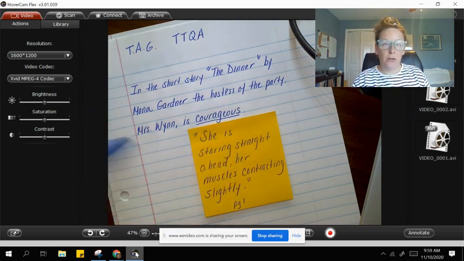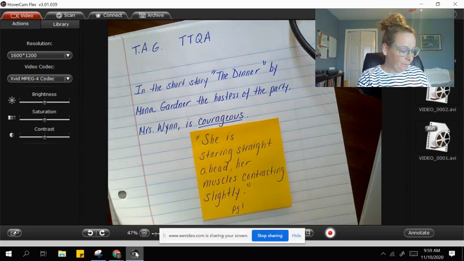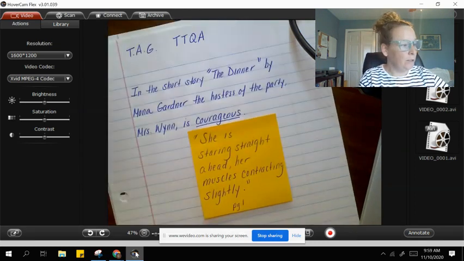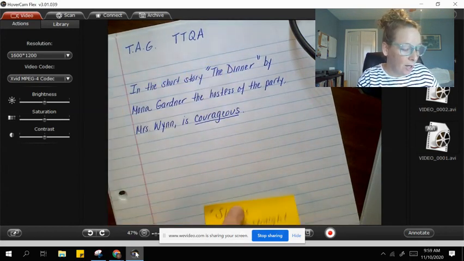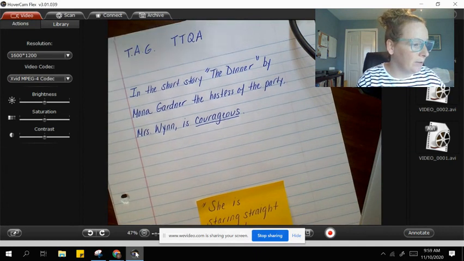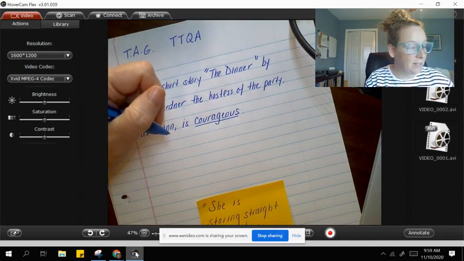There's no scene, there's no speaker, there's no situation, there's no background knowledge. So I know that I need to put that together. The next thing I want to do is set this quote up. So I need to talk a little bit about what was going on in the story. So I'm going to set up the situation and the scene.